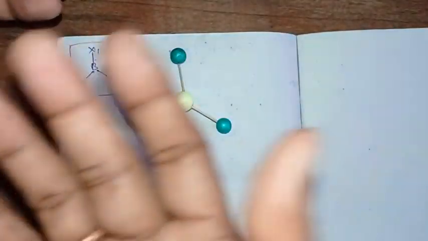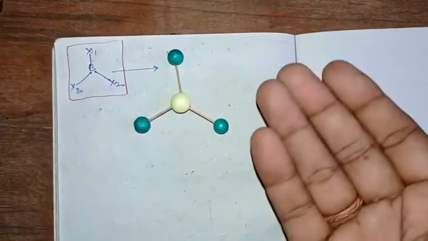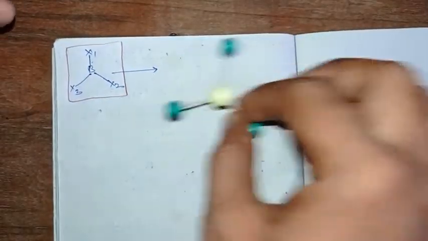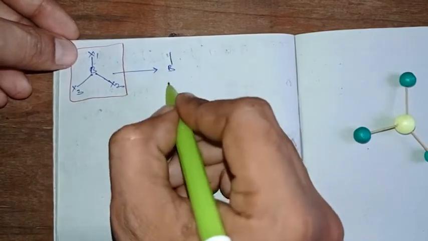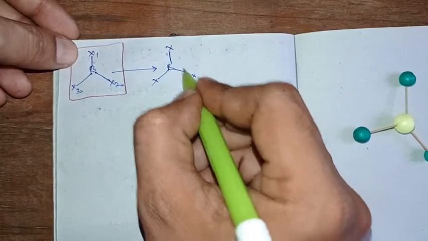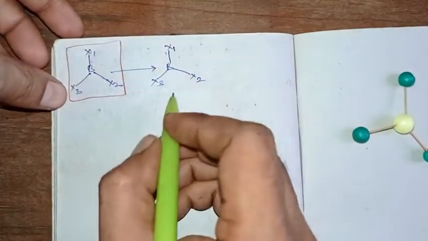The above halves of those atoms will be reflected to below, and the below halves will be reflected to above. In this reflection, the positions will be retained.